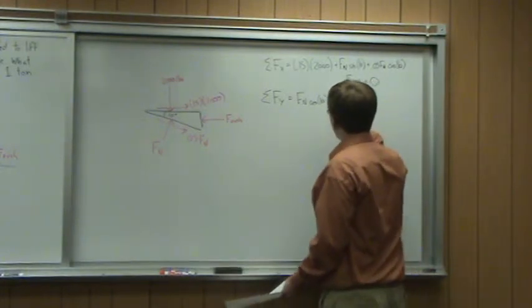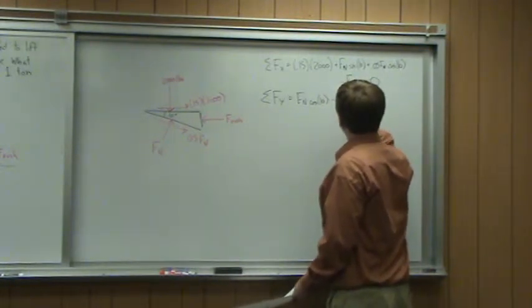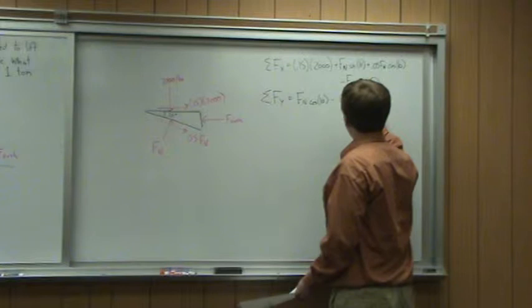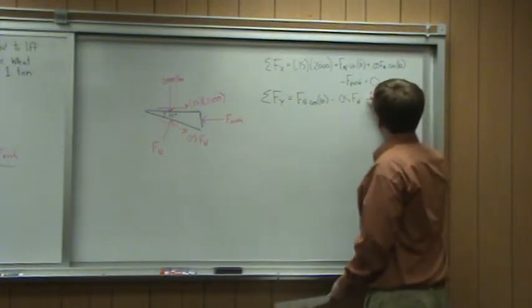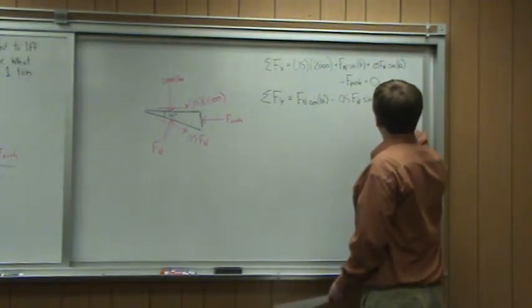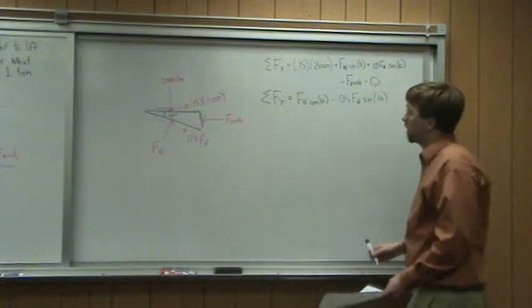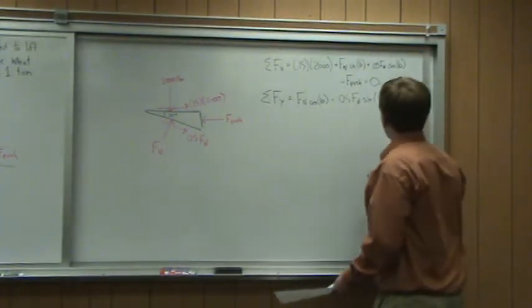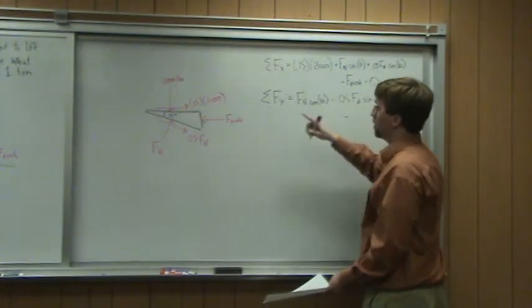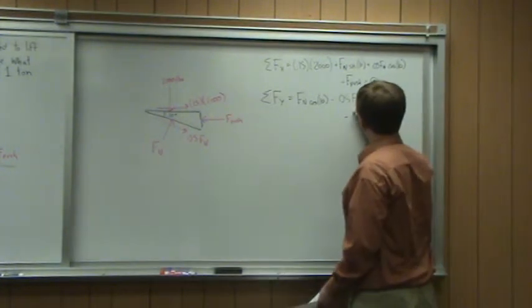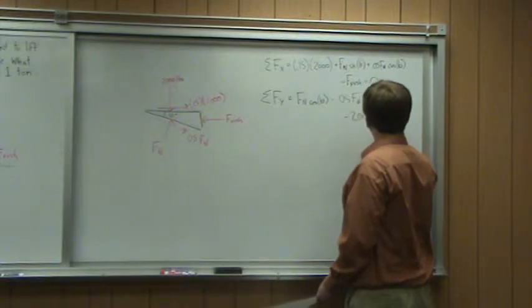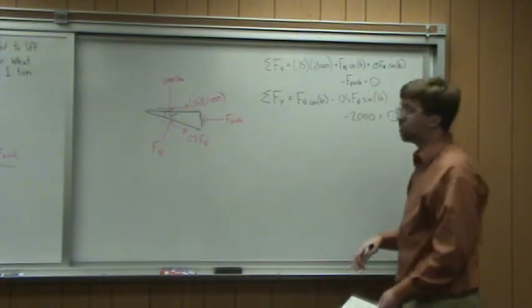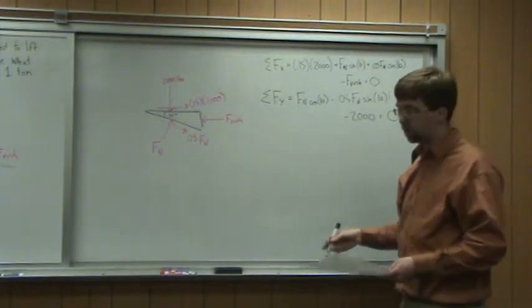I'm going to have negative 0.05 times Fn times the sine of 10 degrees. That's the downward component of my friction force here. And I'm going to have this negative 2,000 pounds. And I know the sum of forces in the y direction has to be equal to 0.